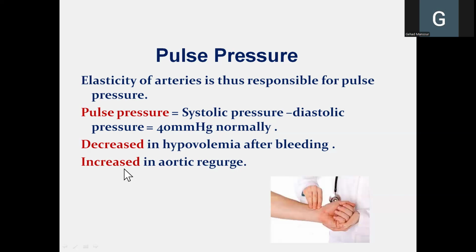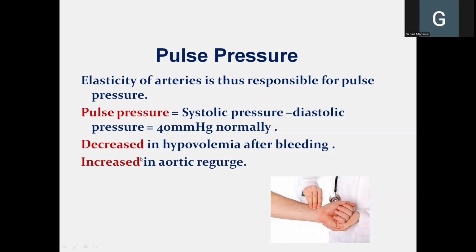Here we have only one example for each of the two cases. If you have hypovolemia, if the patient has bled for a long period of time and lost too much blood, then the volume of blood inside the circulatory system will diminish and the pulse pressure will decrease.